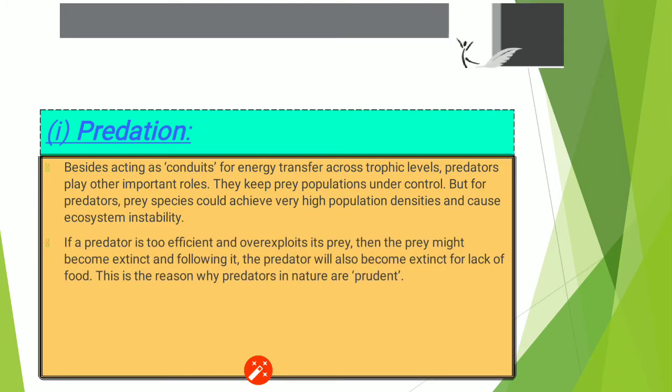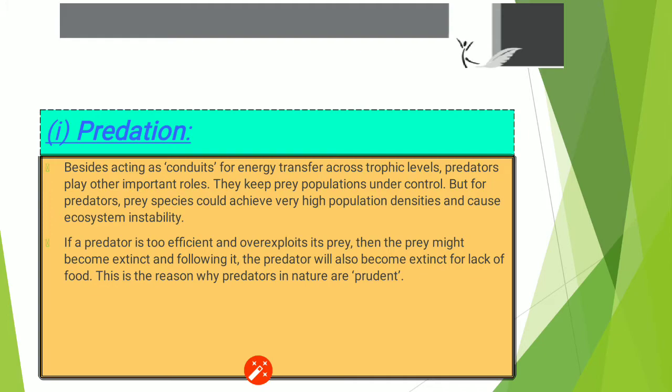Besides acting as a conduit for energy transfer across trophic levels, predators play other important roles. They keep prey populations under control, but for predators, prey species could achieve very high population densities and cause ecosystem instability.